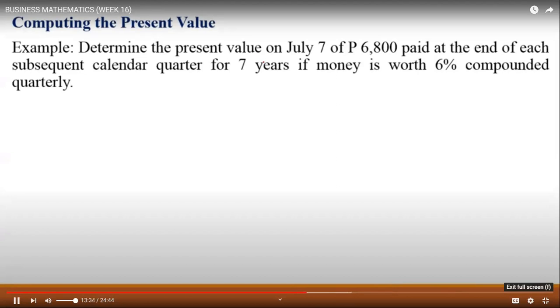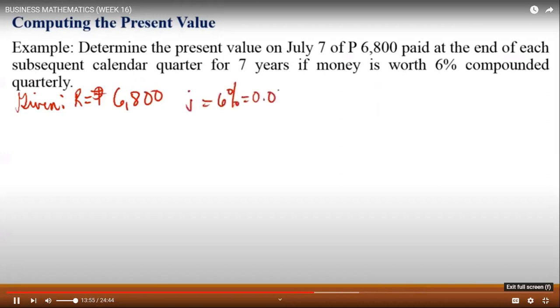So we have to identify first our given. We have the size of the annuity, 6,800. Nominal interest rate of 6% or 0.06. And then the number of conversions is 4, because it is quarterly, so 4 times in a year. And our time is 7 years.